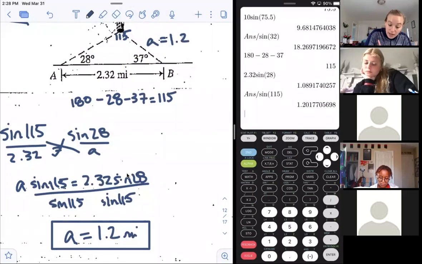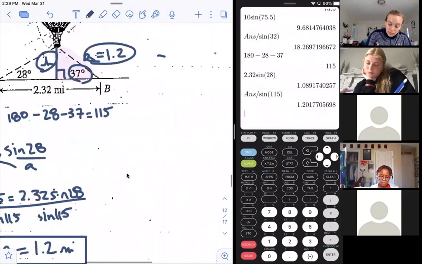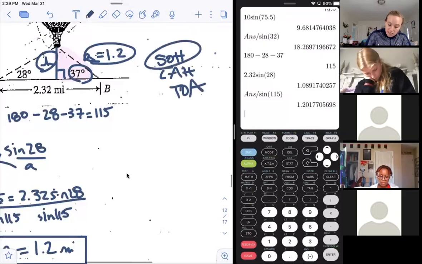Now, I don't want to know that distance, and I also don't really want to know this distance. What the problem wants is the vertical distance, the height, the altitude right here. I'm labeling that a little h, height. So I'm going to use this little right triangle and just do normal trig functions. I've got an angle, I've got its opposite, and I've got its hypotenuse. So if we remember SOHCAHTOA, we're doing sine because we're doing opposite, which is h, over hypotenuse, which is 1.2.